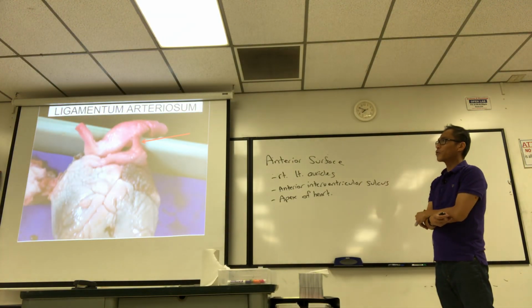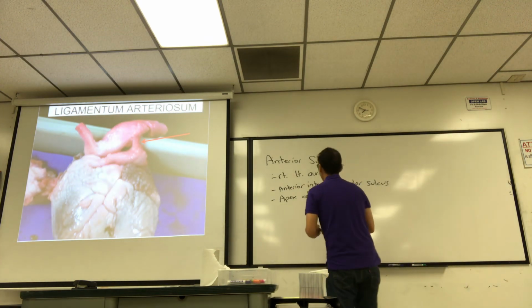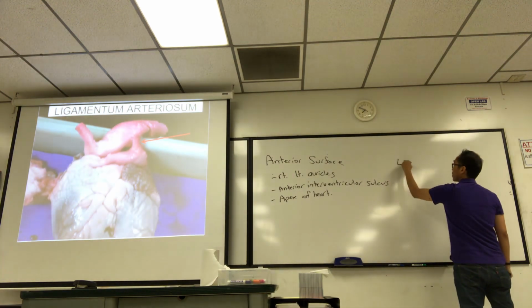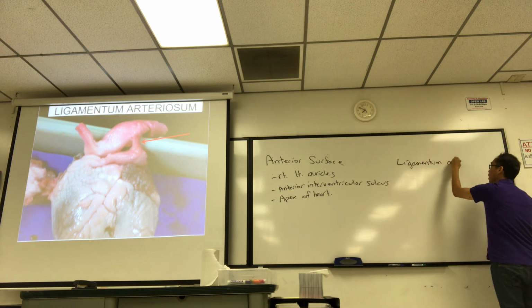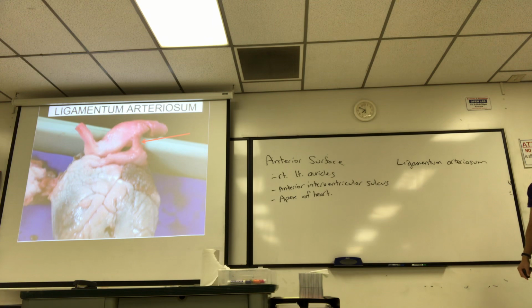There's the ligamentum arteriosum. That's another thing. You've got your structures list, and that will help you identify the anterior surface. Let me list it over here. Ligamentum arteriosum. This is a remnant of fetal circulation.